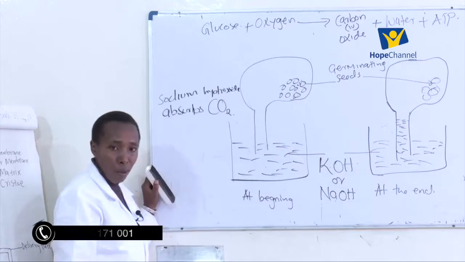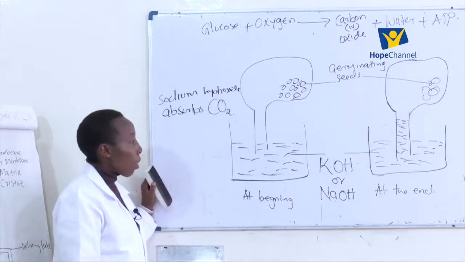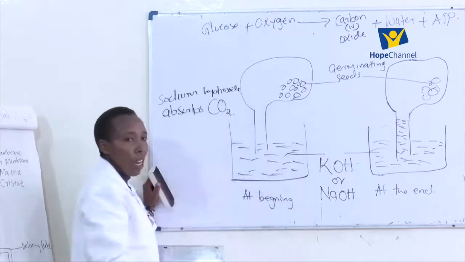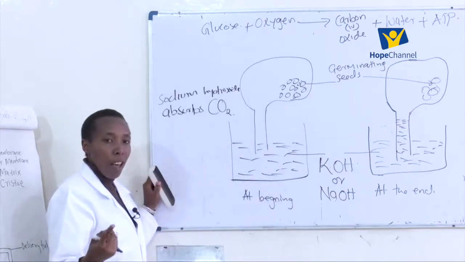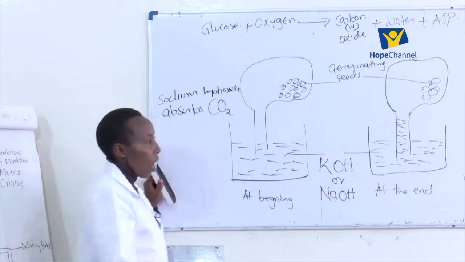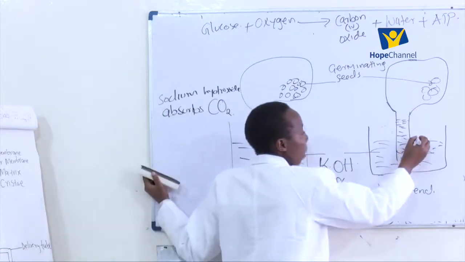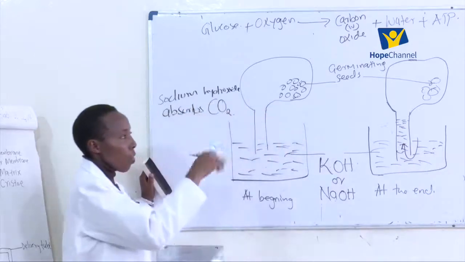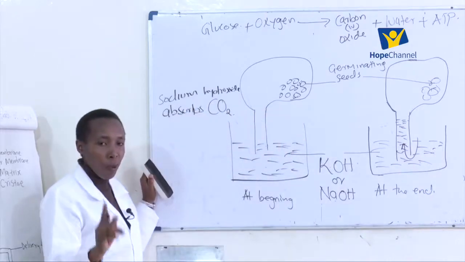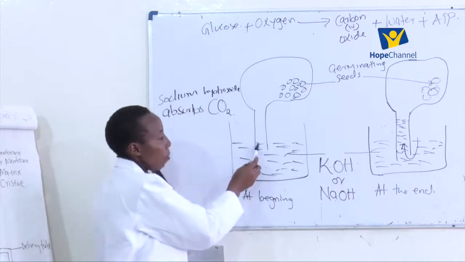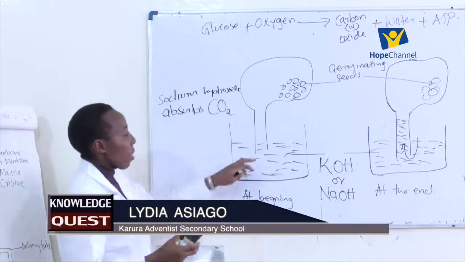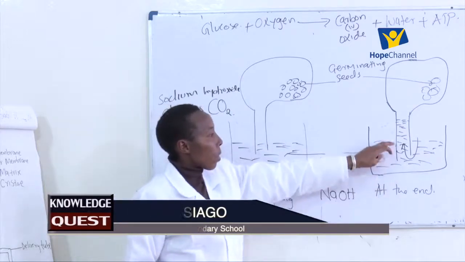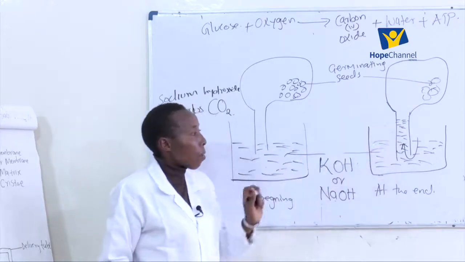And as a result, when you compare inside this flask and outside, you realize that outside there is a higher atmospheric pressure. So the higher atmospheric pressure is the one that will push the sodium hydroxide into the flask. And that's why we are seeing the level of sodium hydroxide increasing from the initial to the end of the experiment. The level is increasing up the flask.